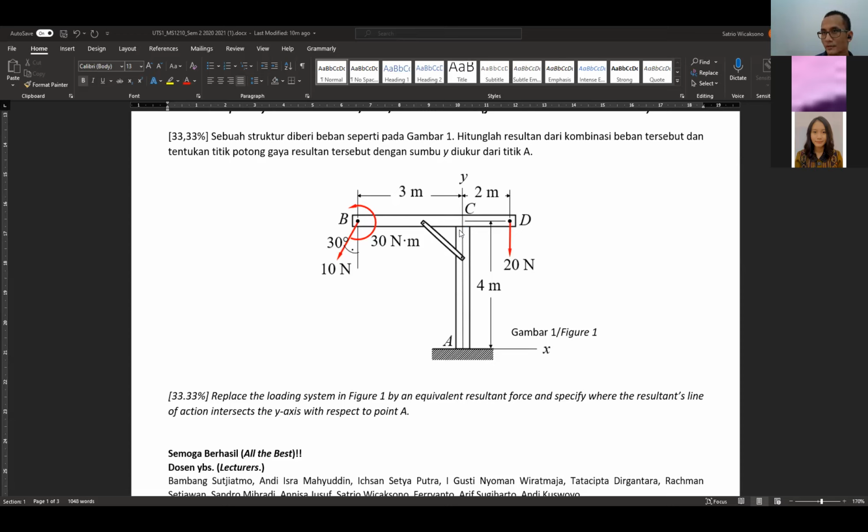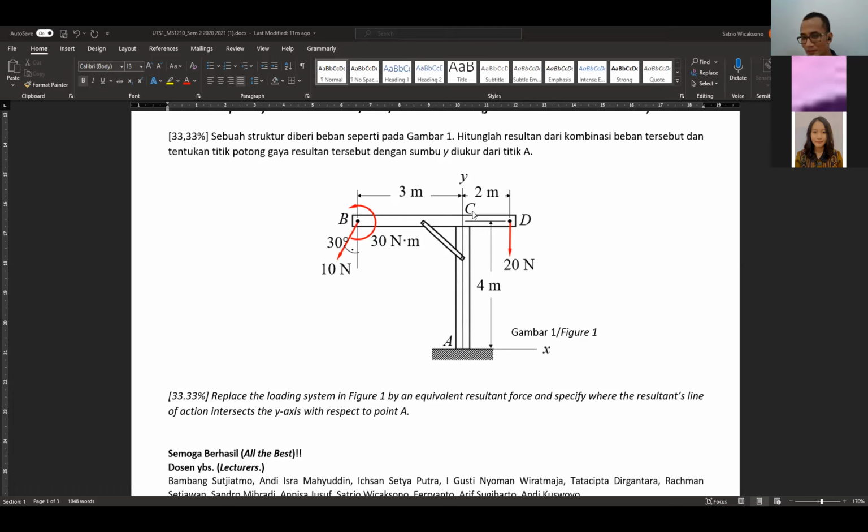You get 1 total force and 1 total moment. By doing so, you can replace that 1 total force and 1 total moment with 1 force on this y-axis. That's simple actually. That's the way to do it.